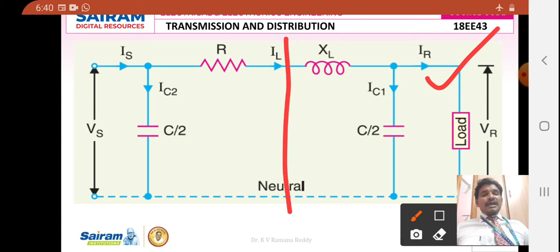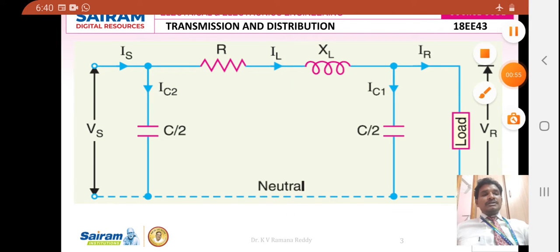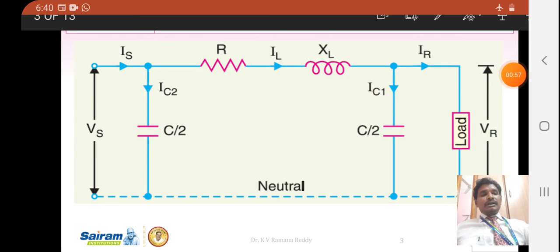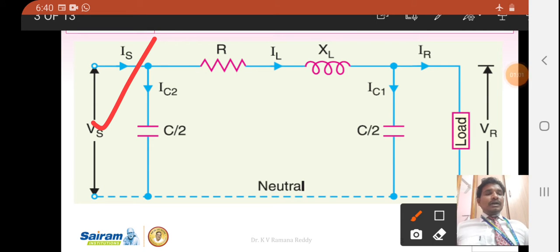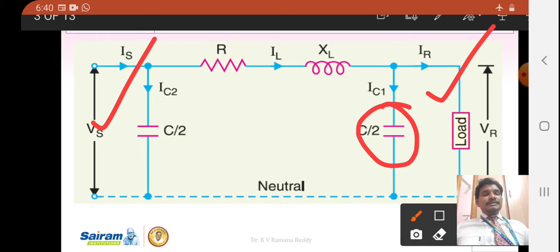Now the capacitance at the midpoint of the transmission line is divided into two half intervals. One half is taken as reference at the input side, nothing but the sending end side. Another segment of the capacitance, that is C by 2, is taken as reference at the receiving end side.